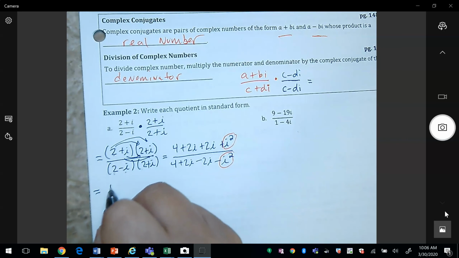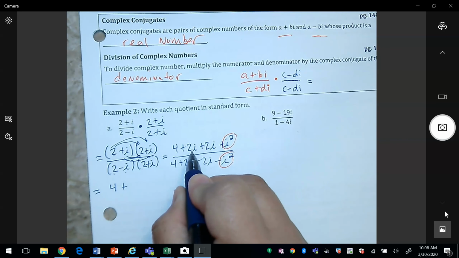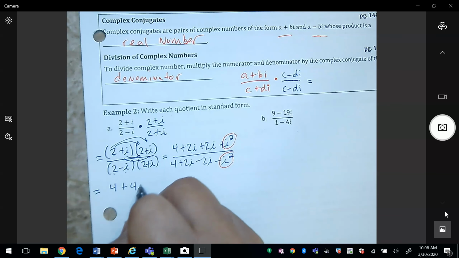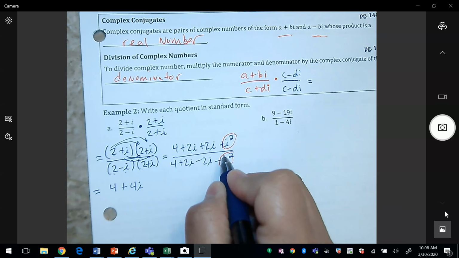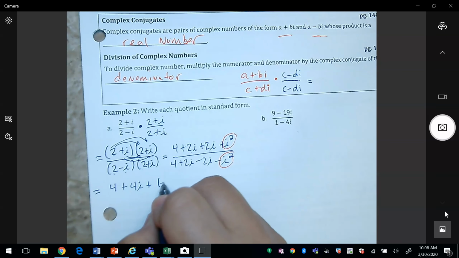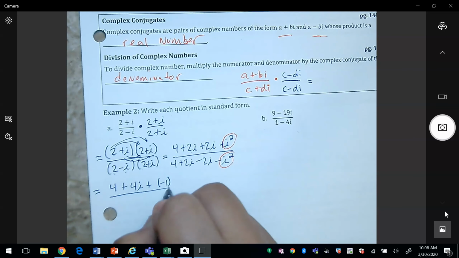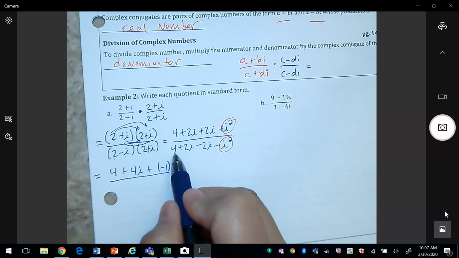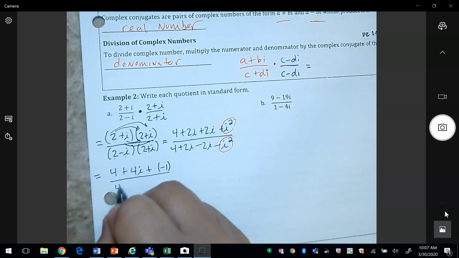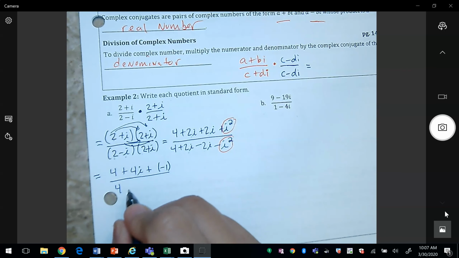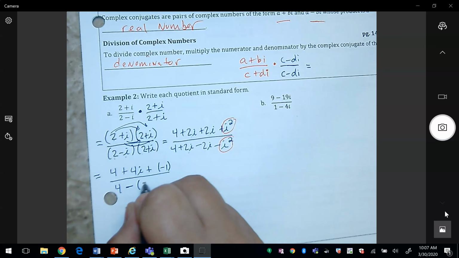So to simplify, we would get 4 plus 2i plus 2i is 4i. i squared we can replace with -1. And then in the denominator we have 4. 2i minus 2i is 0. And then we have minus, replace the i squared with a -1.